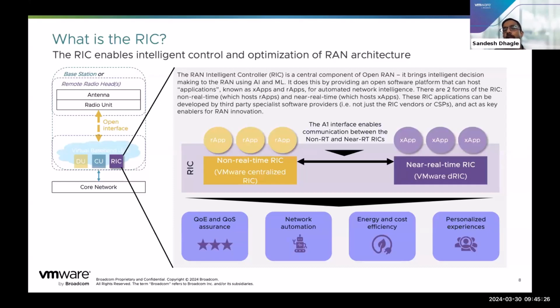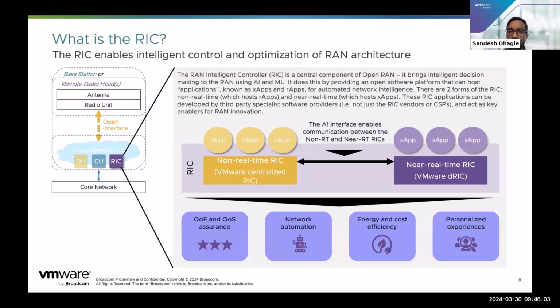So the RIC introduces that intelligence to the RAN, and as you know, it splits into the non-real-time RIC and the near real-time RIC. Each has its own set of apps, and these apps are basically the algorithms that we were talking about: the management plane algorithms on the non-real-time RIC and the control plane algorithms on the near real-time RIC are the ones that you can now use to program.